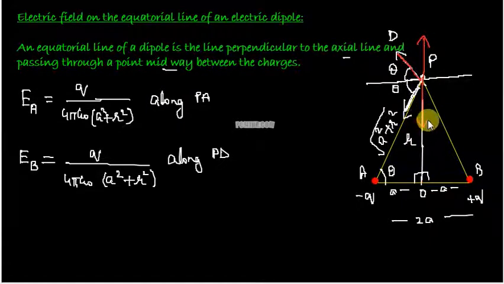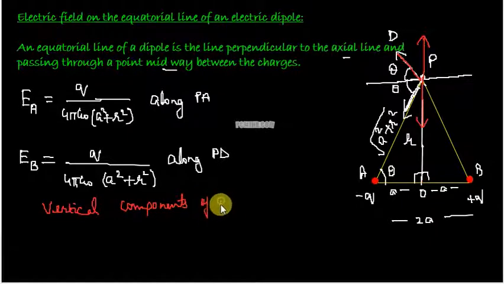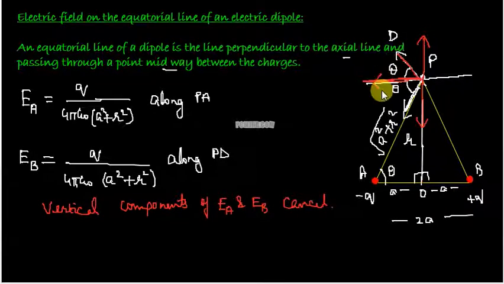The magnitude being equal and opposite, they would cancel out. So, the vertical components of EA and EB cancel out, but we will be left only with the horizontal components. They both will add because they are in the same direction.